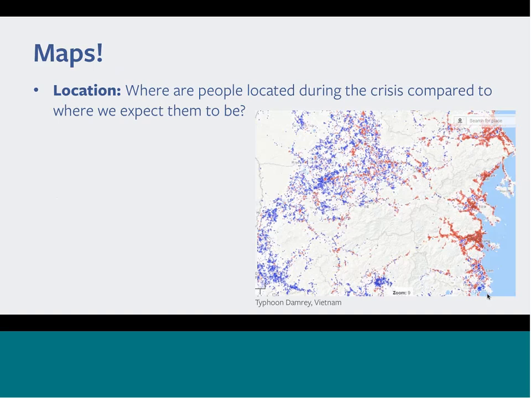This is an example of our location map, or what I refer to as our dynamic population density map. This is an example from Typhoon Damre in Vietnam. In this particular case, the metric that's being visualized compares the number of people that we see in an area during the crisis to the usual pattern in the baseline. So the red here shows areas where we're seeing far fewer people detected than usual, and the blue is where we see more people detected than usual.